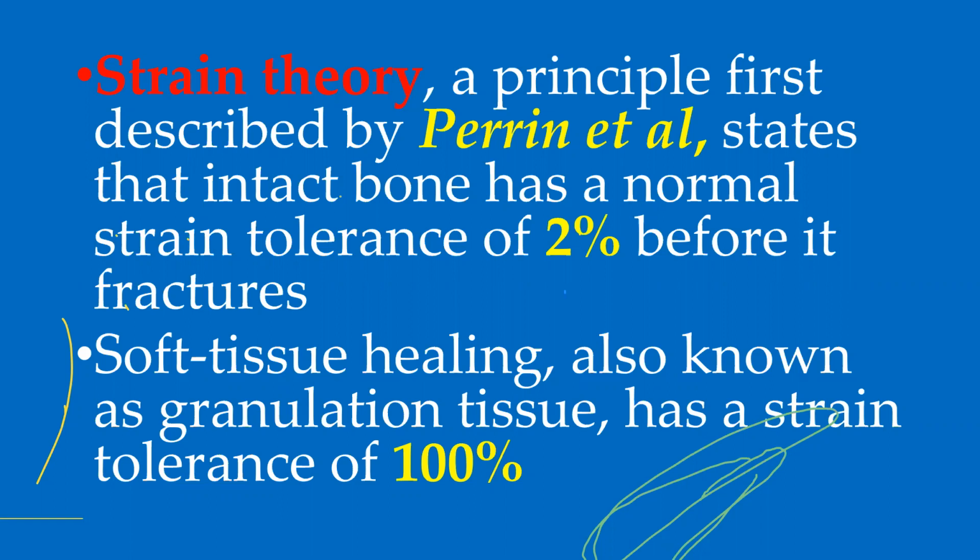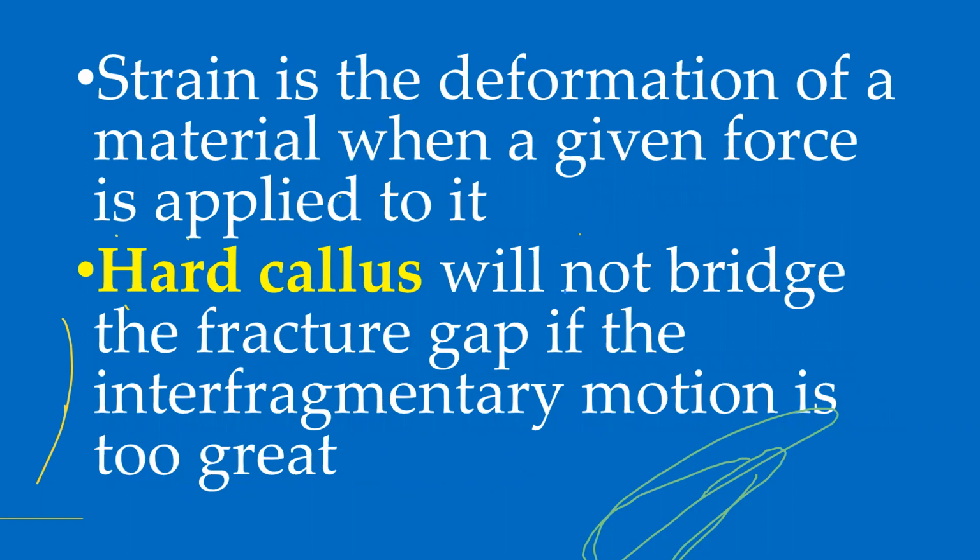It stretches 100% and doesn't break, but bone is much more rigid and it breaks just like glass. Strain is the deformation of a material when a given force is applied to it. Hard callus will not bridge the fracture gap if there is interfragmentary motion and it's too great. So don't forget this, please.